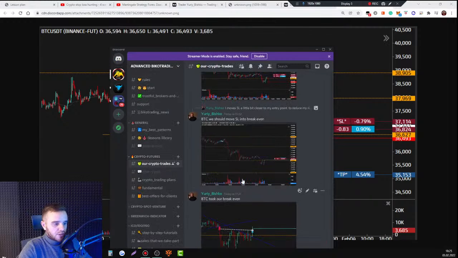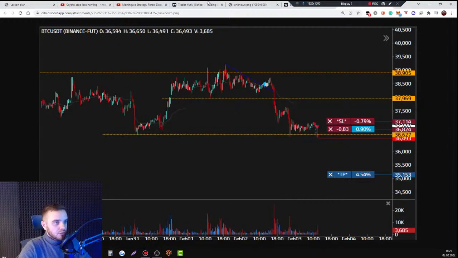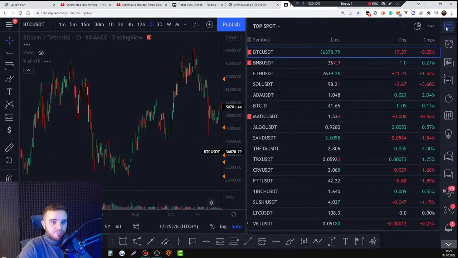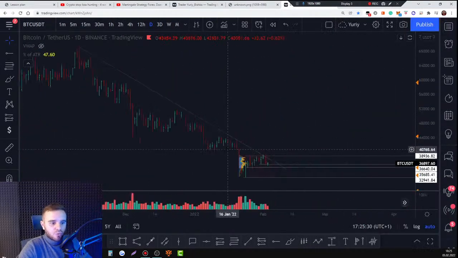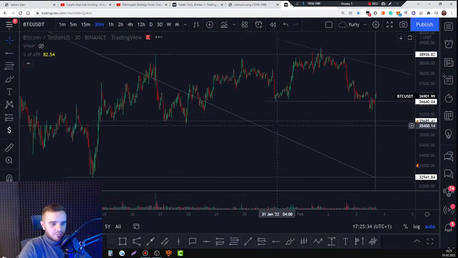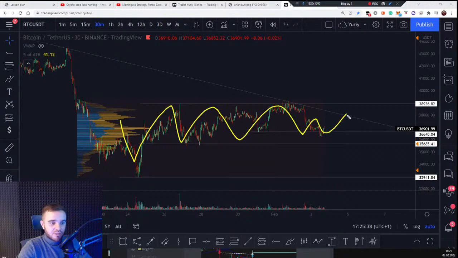Friends, we should move stop loss to break even, because if you zoom out, you would see that Bitcoin was in the middle of a range. If you open a trade in the middle of something like this, like let's open a bigger time frame, Bitcoin at this moment is exactly in the middle of a range, and if you would take a short here and your stop loss would be at the high, you could keep it until stop loss would take profit.